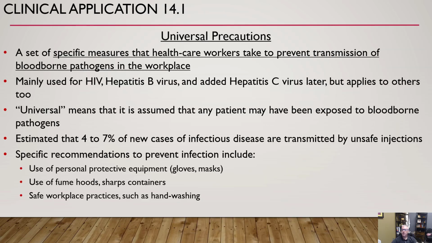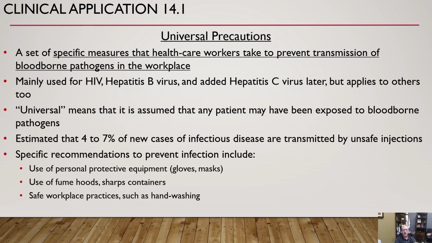Okay, we've all heard of universal precautions. We have to follow those in lab if we're working at the patient's bedside. Basically, and this is just a textbook definition, these are a set of specific measures that healthcare workers take to prevent transmission of bloodborne pathogens in the workplace.